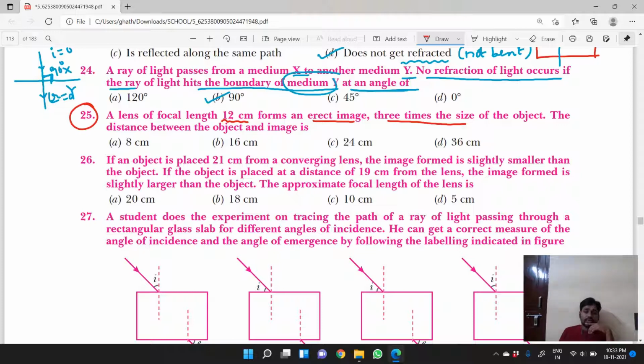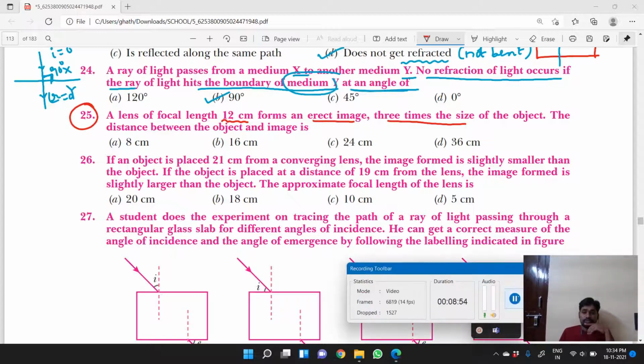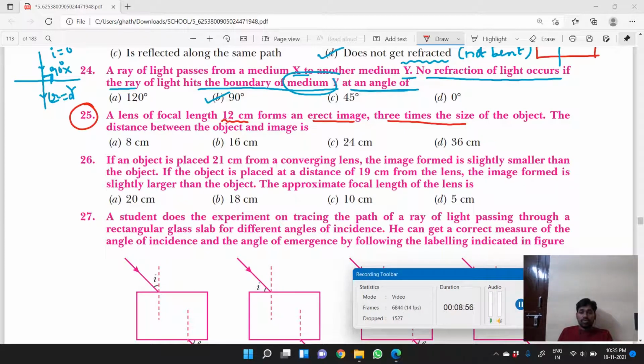So if you see here, the focal length of the lens is f equals 12 centimeters, and 3 times the size of an object means magnification is given, which is equal to 3.